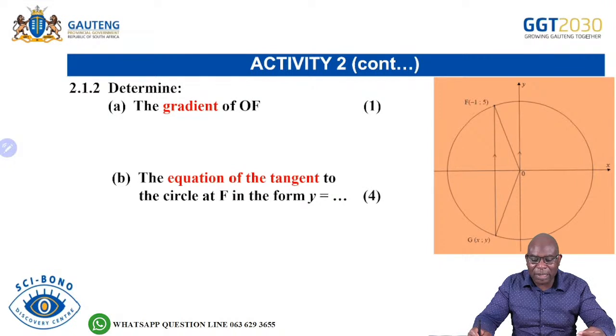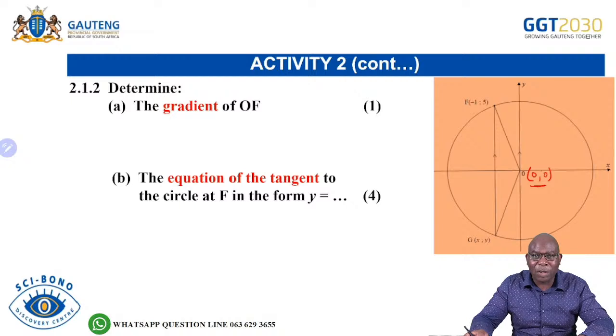Now they ask to determine the gradient of OF. See, the gradient of OF. We already know that O, its coordinates are 0 and 0. And it's 1 mark. So the gradient of a line from the center of that circle to any other point, because this is 0, 0, and 0 minus a number is that number, and then 0 minus another, the X value there will still be the X value.